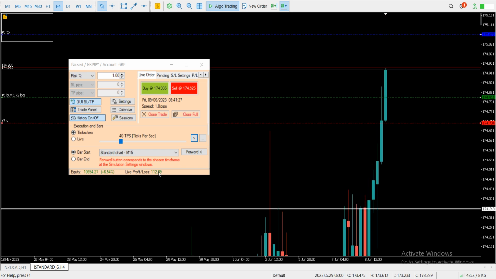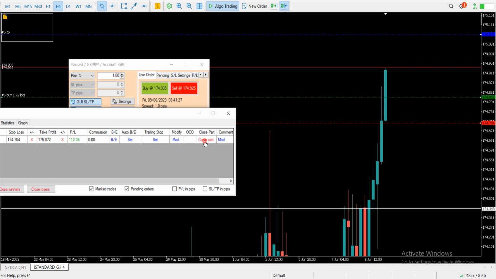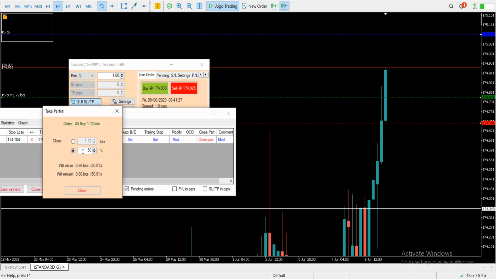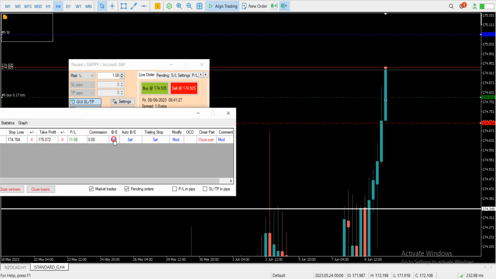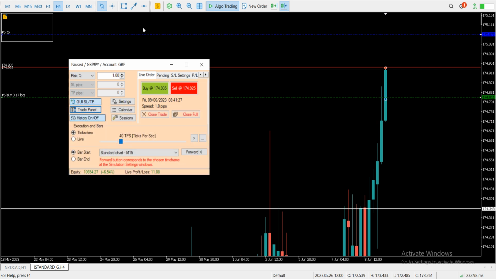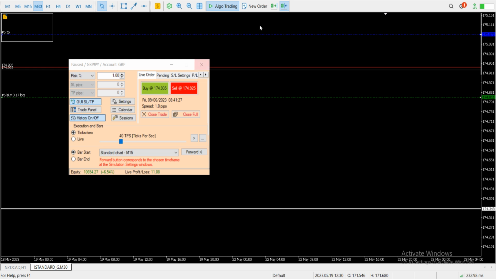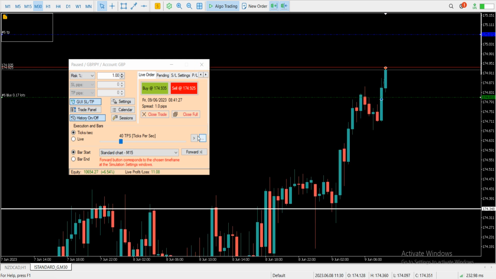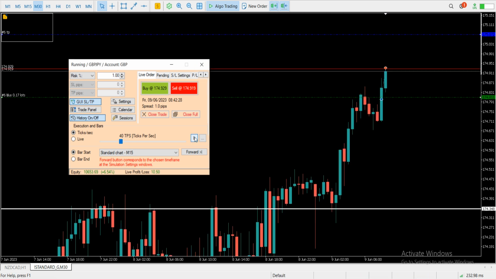So I think that's a decent gain that I'm getting at this point. Let's just close 90% right there, and stop loss is going to be at break even. Let the rest run. If it works, perfect. If not, then at least we have secured profits from this trade.